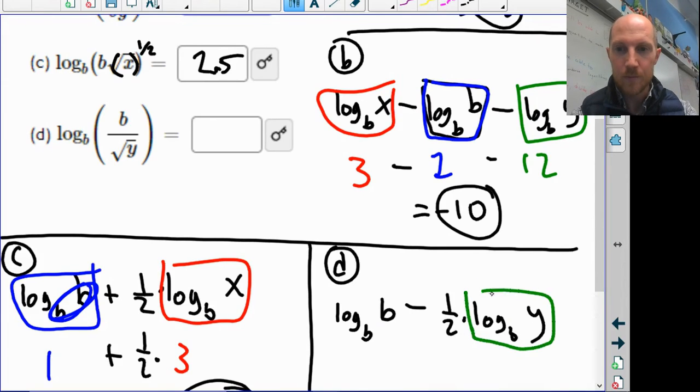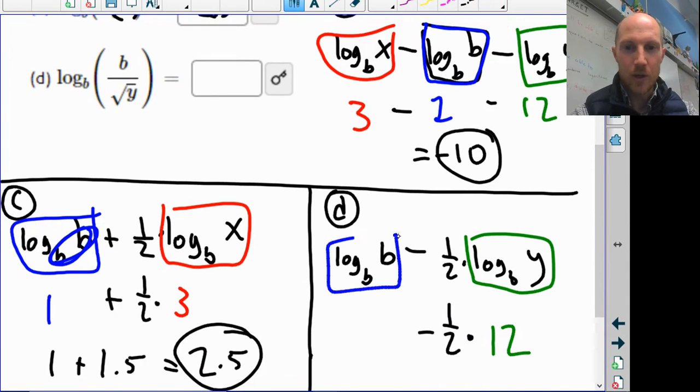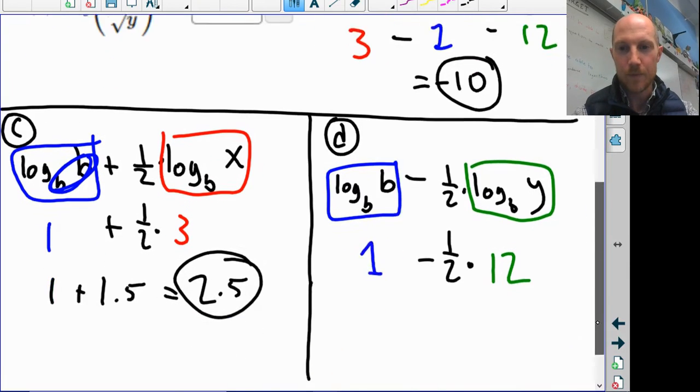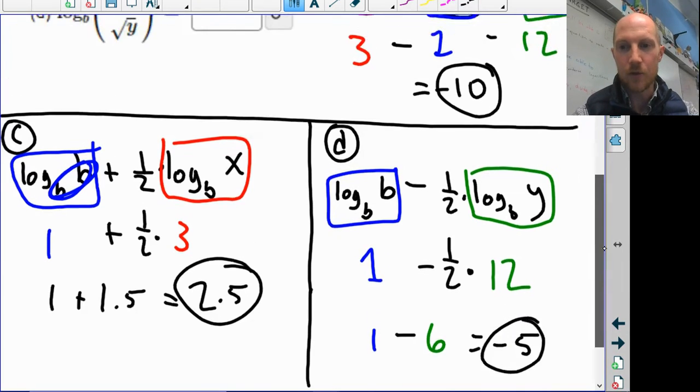That one is 12. So I'm going to have to multiply the 12 by a half. That gets subtracted from this guy, and log base b of b is 1. So 1 minus a half times 12, which is 6. So 1 minus 6 is negative 5. Final answer for D.